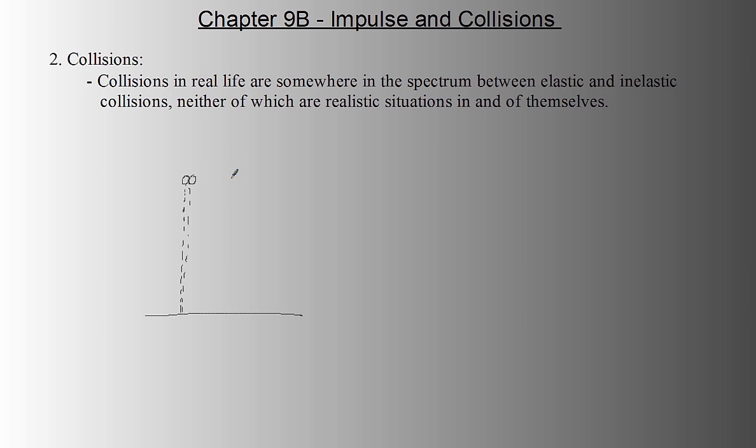In a purely inelastic collision, the ball would just stop here with 0 bouncing. Good luck finding an object to do either of these. You're going to get basically ball dropping, ball bouncing up to some intermediate height, depending on how elastic or inelastic the ball or the object is.